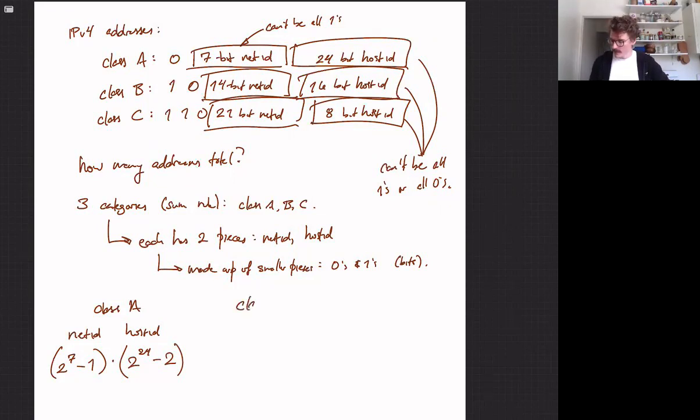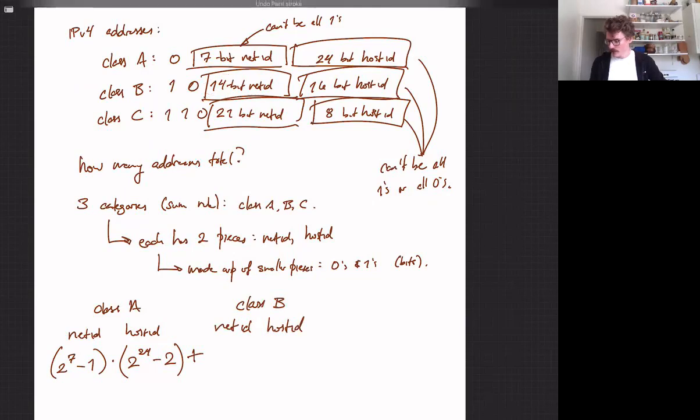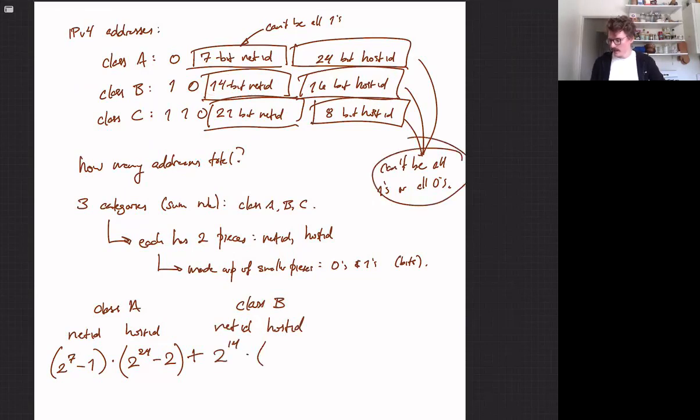And then for the other classes, we do a similar thing. And then we just need to think about how we combine the different classes. And like we said, this is a sum rule, because each thing corresponds to one class and not the others. Big old plus there. So let's blast through the rest of this. Class B is going to have a 14-bit net ID with no restrictions. That's 2 to the 14. And a 16-bit host ID with the same restriction that eliminates those 2 possibilities.